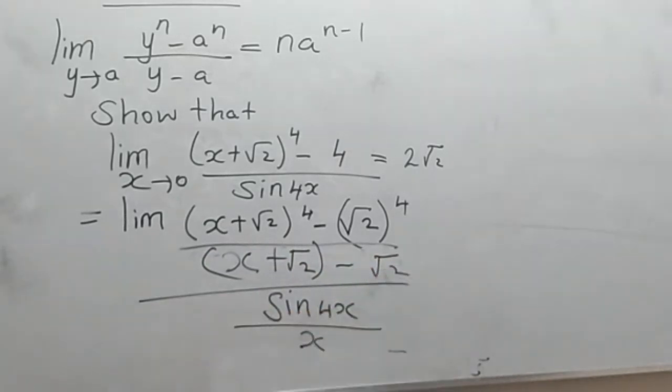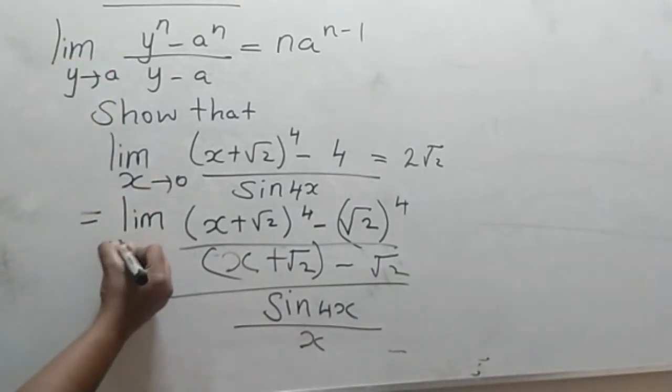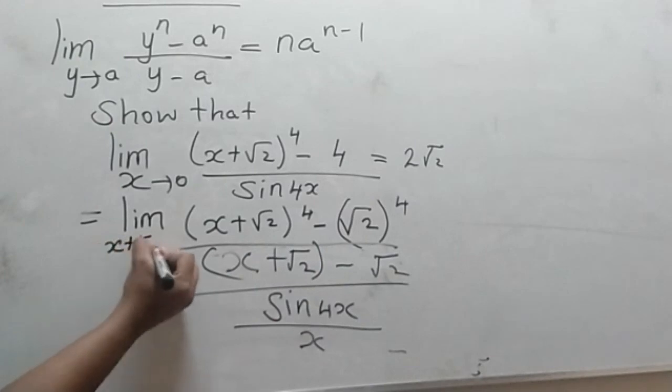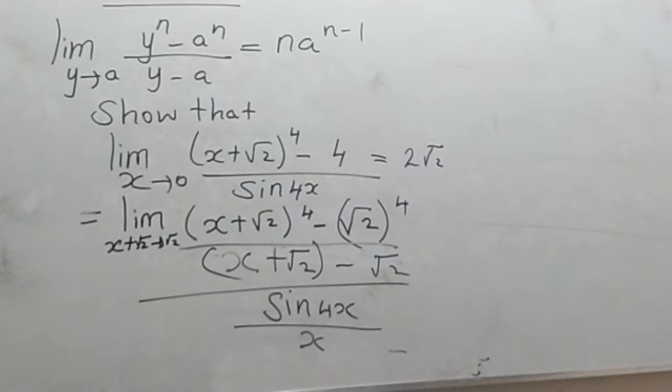Here, you should be careful: you have to change the limit. Here you say y tends to a, x tends to 0. Then, if x tends to 0, x plus root 2 tends to what? Root 2. Here, no need to change the limit for the sine part.